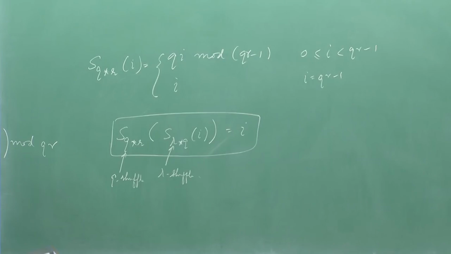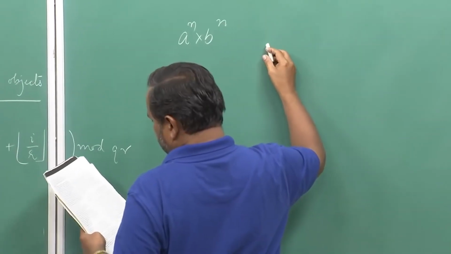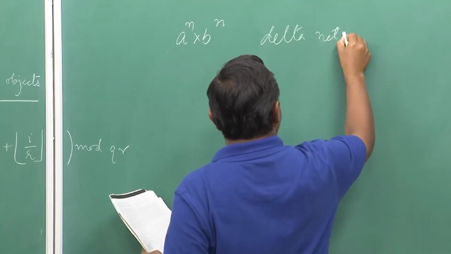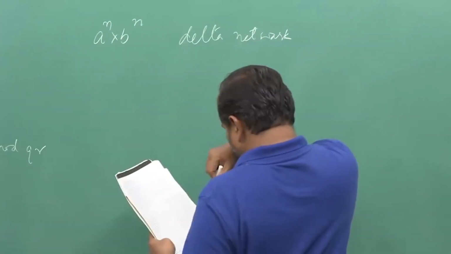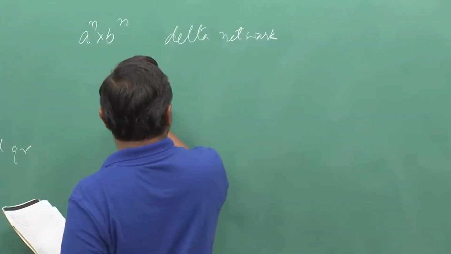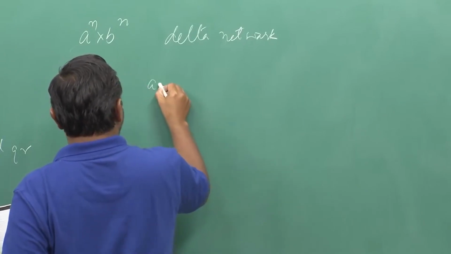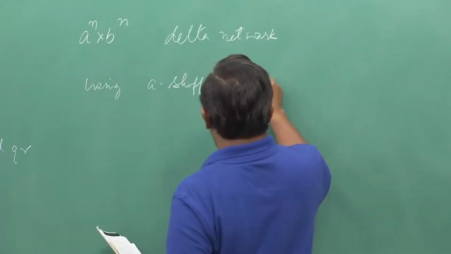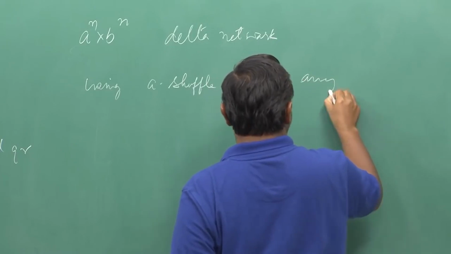So, we have to show that a raised power n by b raised power n delta network can be constructed using a shuffle between any two consecutive stages.